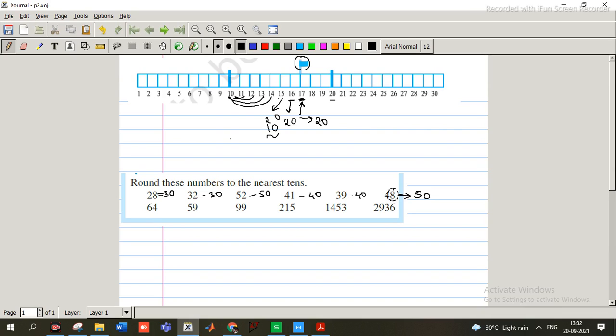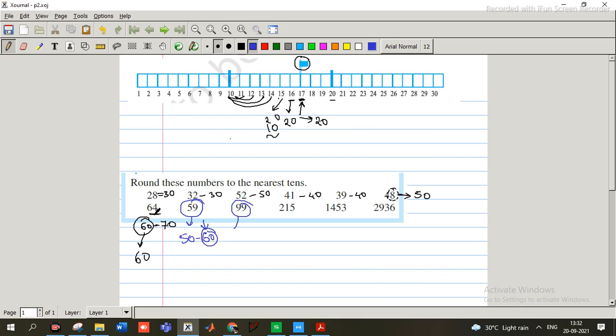For 64, it will be in between 60 to 70, and because it's a 4, I will approximate it as 60. And if it is 59, it will definitely be in between 50 to 60, so I will approximate it as 60.